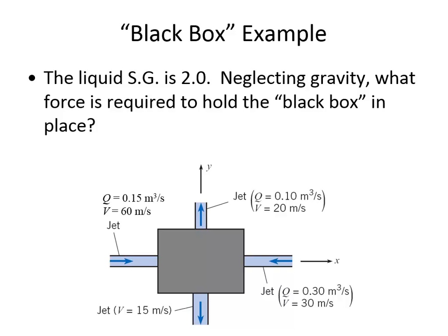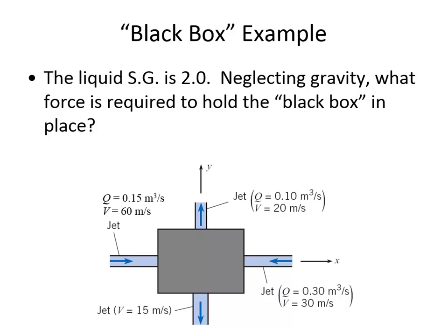Okay, so it is 200 kilograms per second times 20 meters per second plus 700 kilograms per second times the negative 15 meters per second, which is the velocity of that jet leading out of the bottom of the black box.